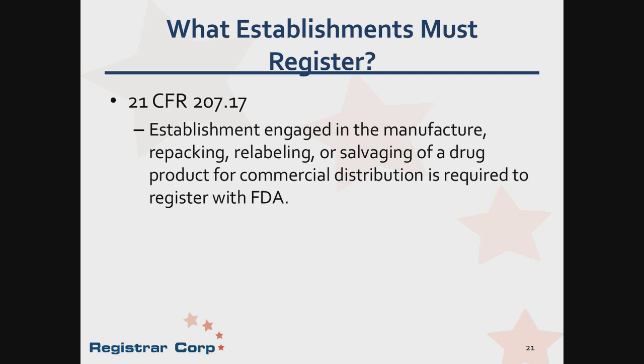When operations are conducted at more than one establishment and common ownership and control among all the establishments exist, the parent, subsidiary, or affiliate company may submit registration information for all establishments.